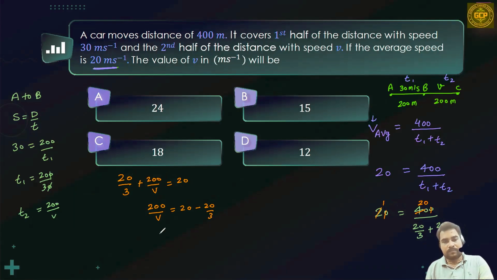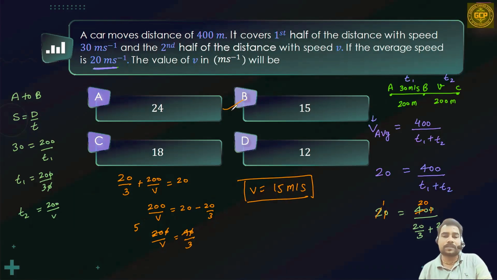If you solve this, you will get 60 minus 20, 40 upon 3. By this 0 gets cancelled, and by the 4, 20 gets cancelled 5 times. So 5 into 3, 15. So 15 meter per second is the value of v. So your option B is correct.